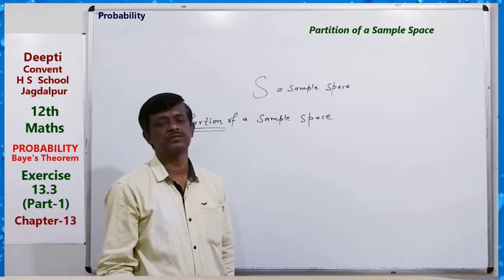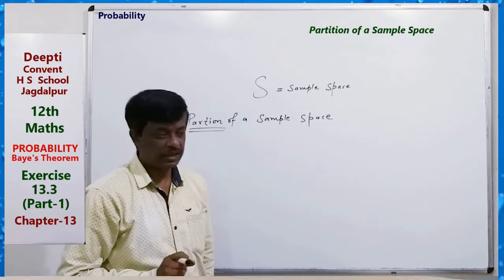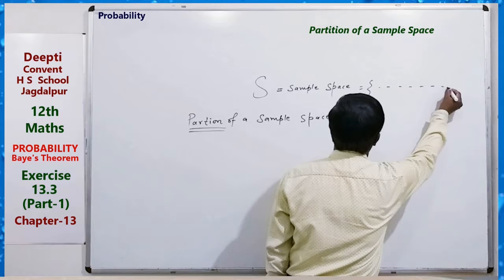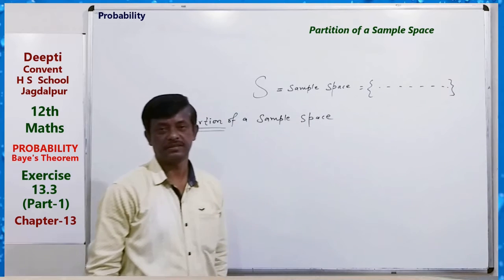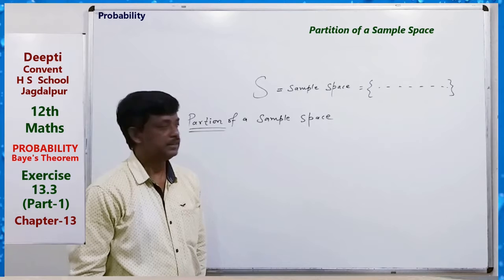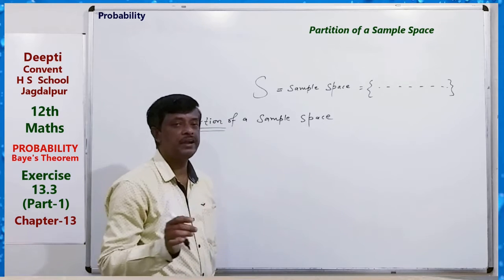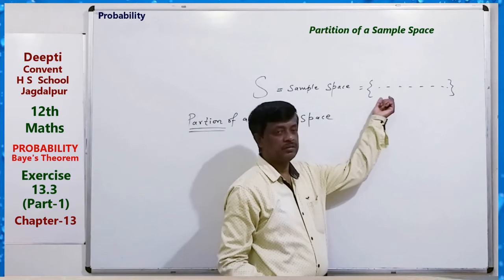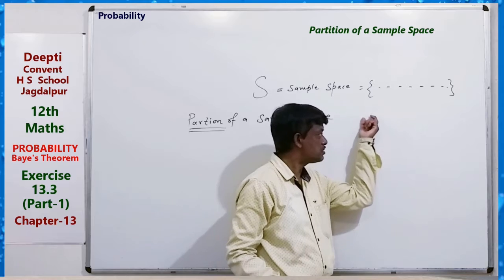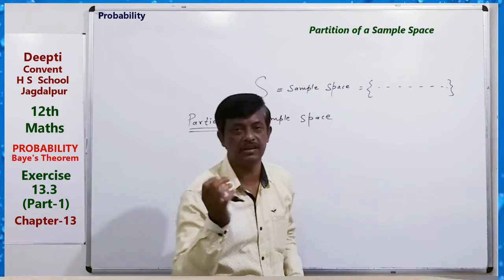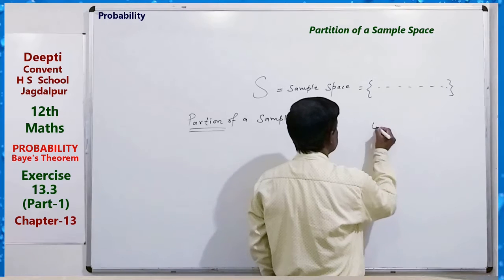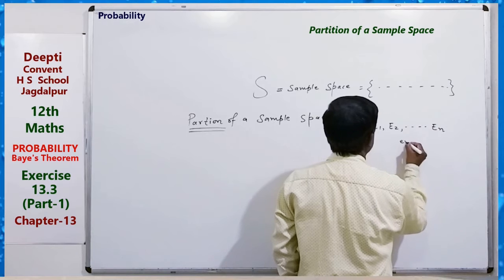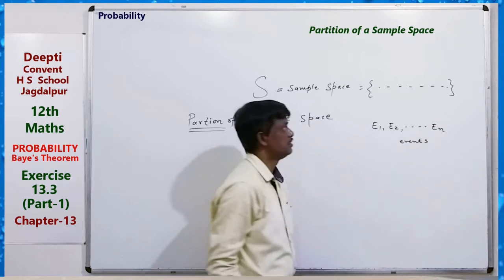We know the sample space contains all the elementary events, and this is a set. Partition of the sample space means that we have some subsets of it, that is some events, suppose E1, E2 up to En, n events.